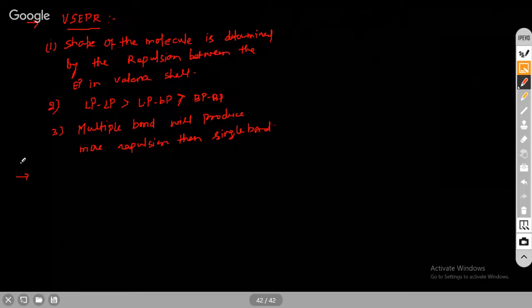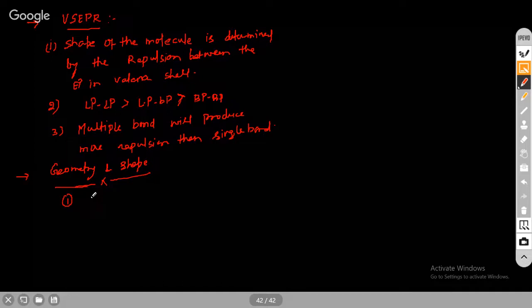Okay. Now how to calculate the geometry and shape? Why am I giving you this theory? Because on the basis of this theory only we will do it. So if you do not get this, you will not understand that. Just write down 2-3 points quickly. We'll calculate the total number of electron pairs on the central atom.